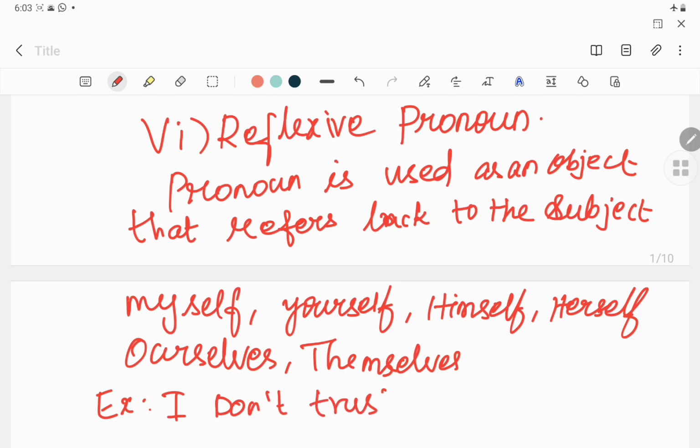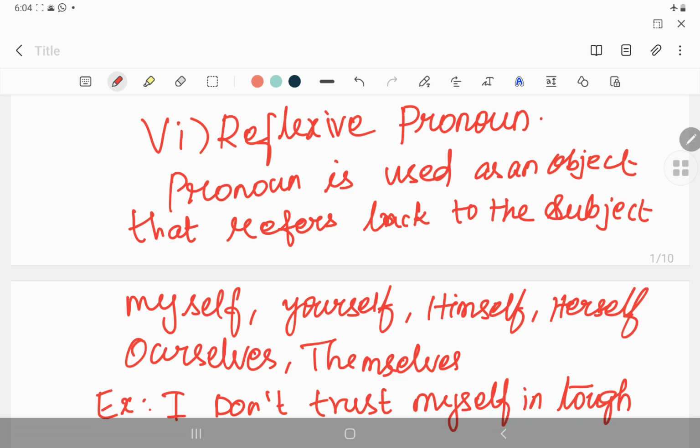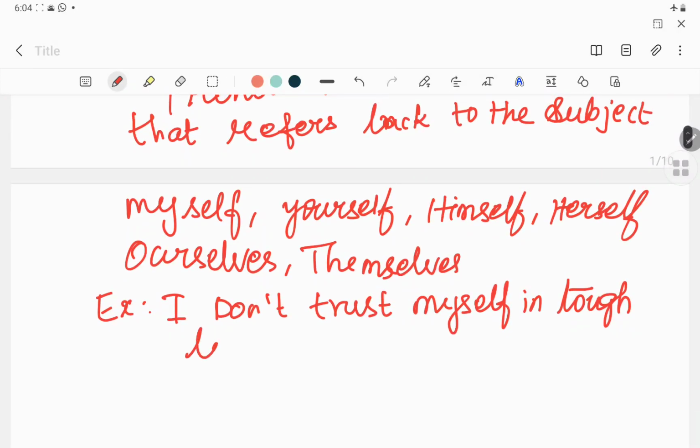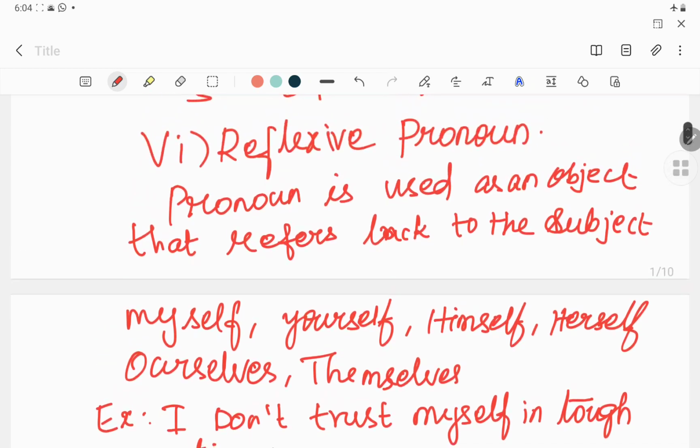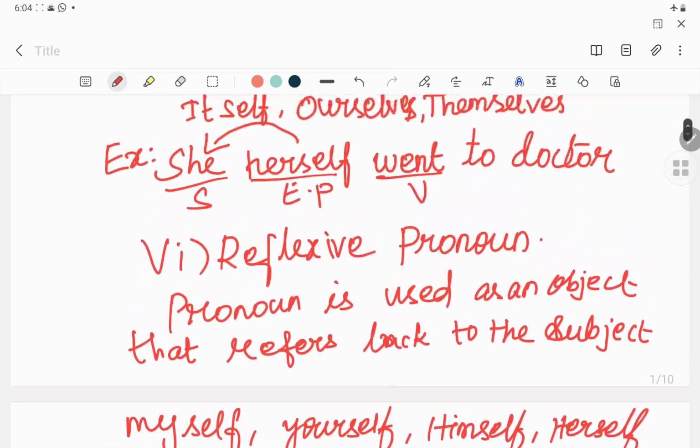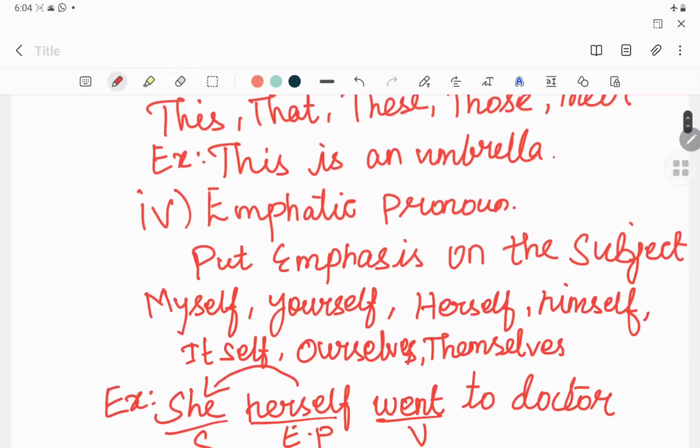If you are going to use that word for an object, there also you can mention it as a reflexive pronoun. This is the difference between reflexive pronoun and emphatic pronoun.